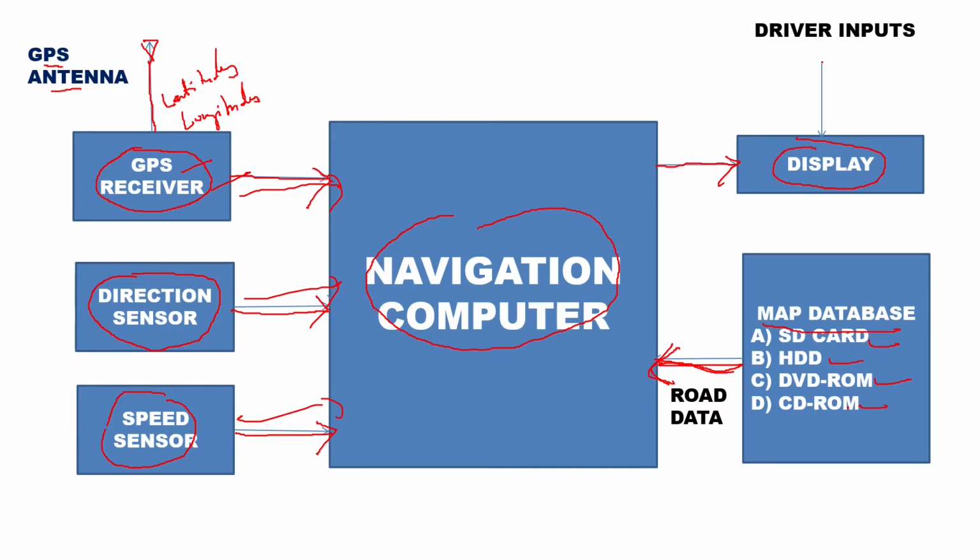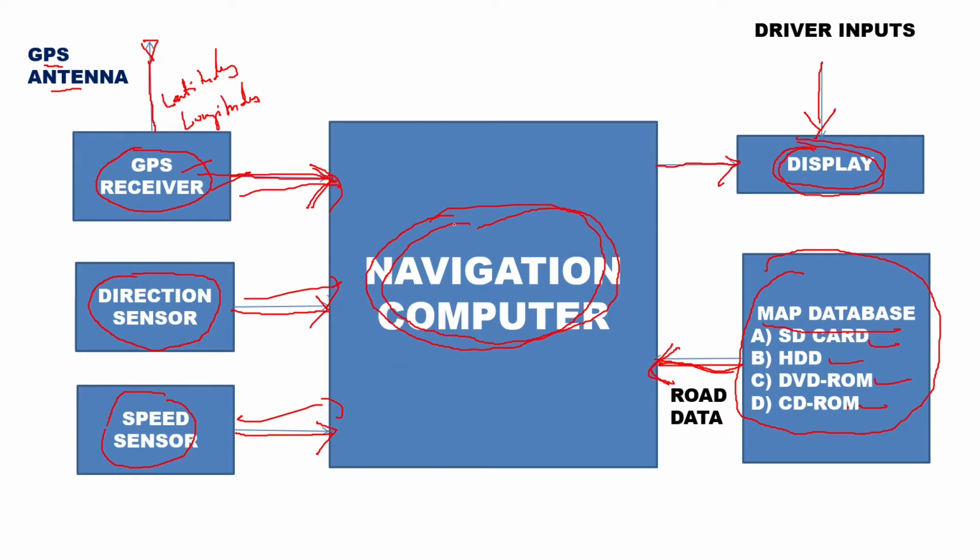The driver can also give his inputs here, but the display system combines the geographical database of that particular area with the vehicle's location, and then gives the exact place with the name where the vehicle is located. This is how your mapping systems or Google Maps can work. This is how they show you the direction.